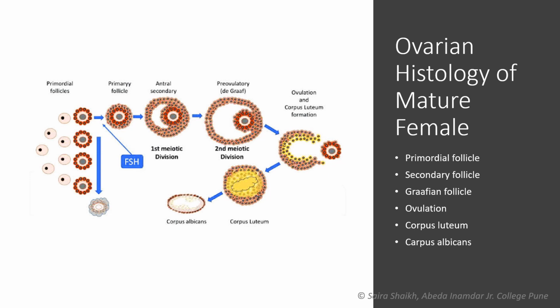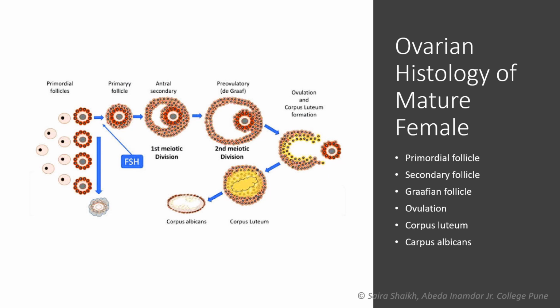In a primordial follicle, a single layer of follicular cells is present along with a developing egg, or developing oocyte. This follicle is like a ring because the follicular cells are arranged in the form of a ring, and that's why the structure is called a follicle. All the primordial follicles mature only when the female comes to puberty.